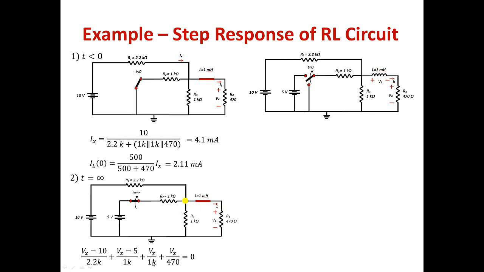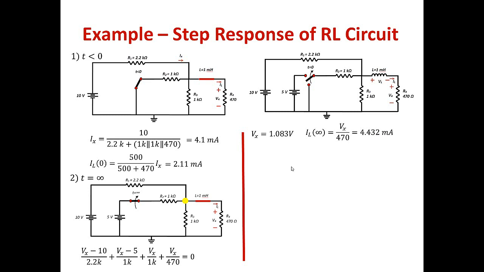This is a single node circuit, so I solve for Vx, and Vx will equal 1.083 volts. Once I solved for Vx, which is the voltage here, then I can solve for IL. IL at infinity, which is the current through the short circuit, is the same as the current through R4. Then IL at infinity will equal Vx over 470 ohms, which will equal 4.432 milliamps.